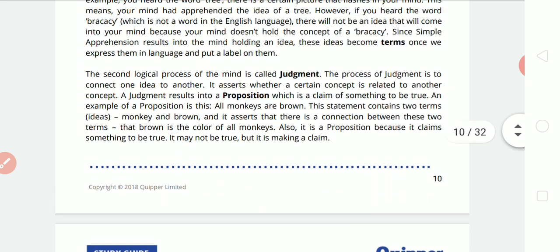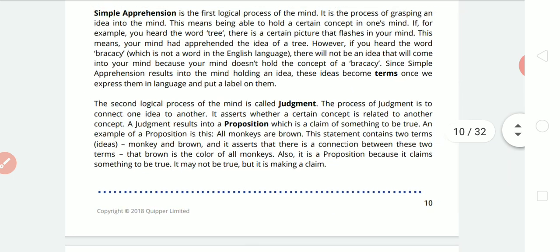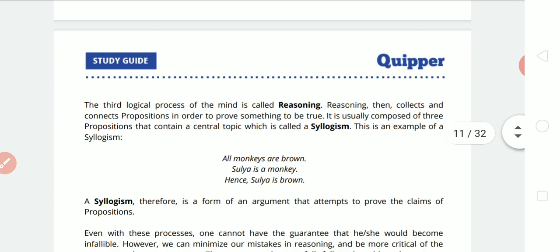So these steps, these mental processes suggested by Aristotle, are very important.